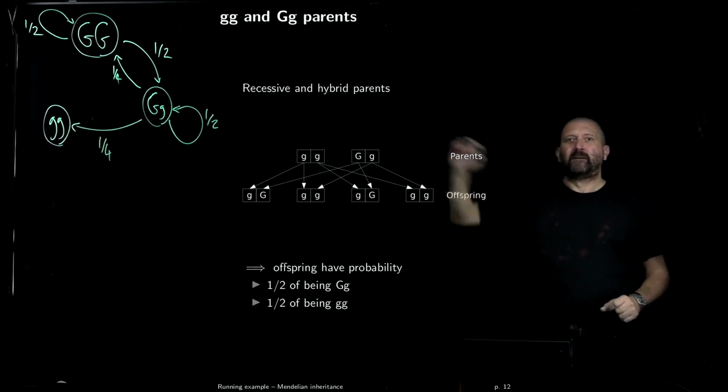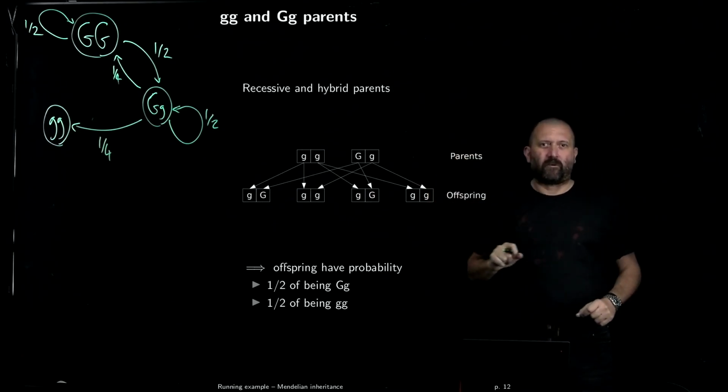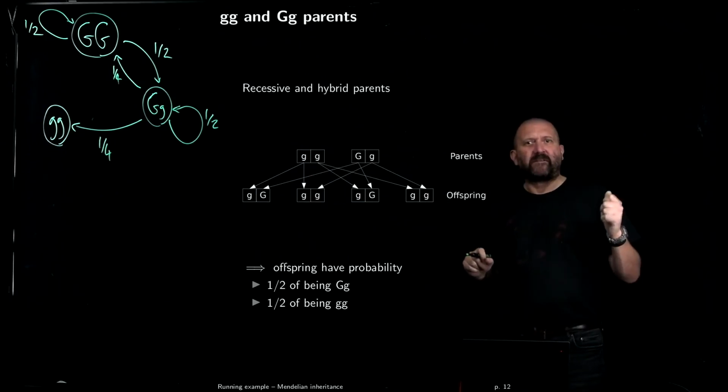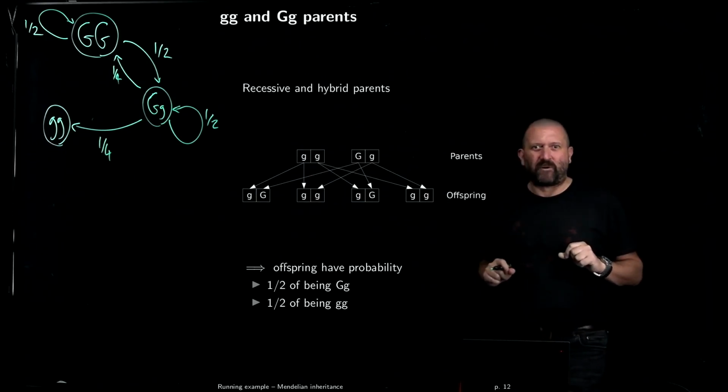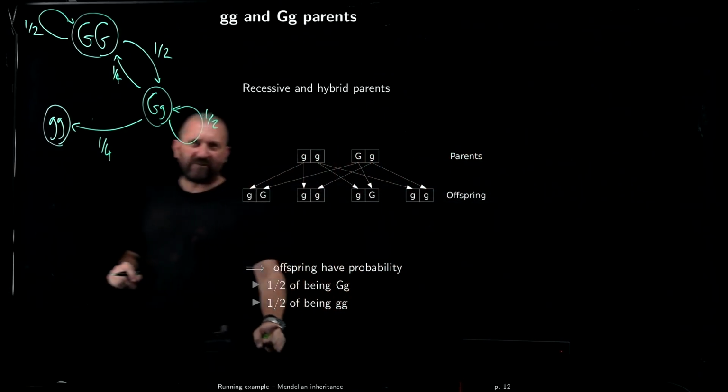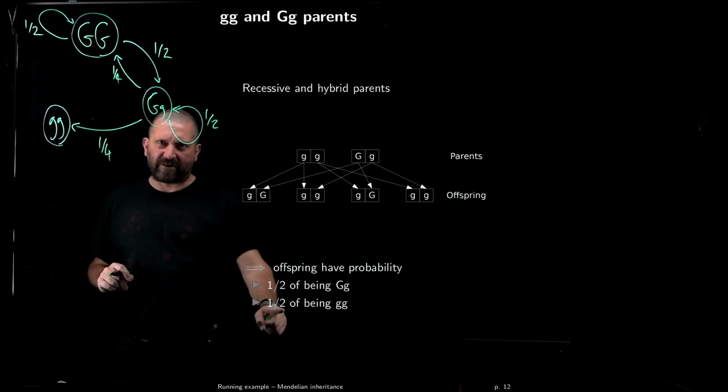Okay. Finally, instead of picking a dominant or a hybrid, I picked up an offspring that was recessive, and I mated with a hybrid parent. Then the possible outcomes are here, and the probabilities of transitions are the ones indicated here.